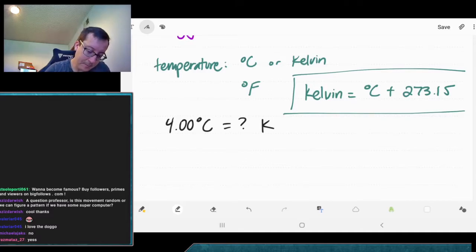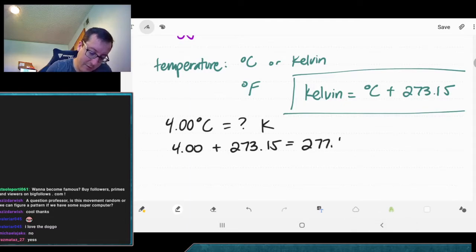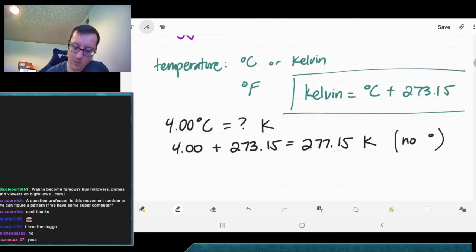If we do that, we're going to see that this number will be 4 plus 273.15, which will equal 277.15. Notice again, no degree symbol there. No degree symbol with Kelvin.